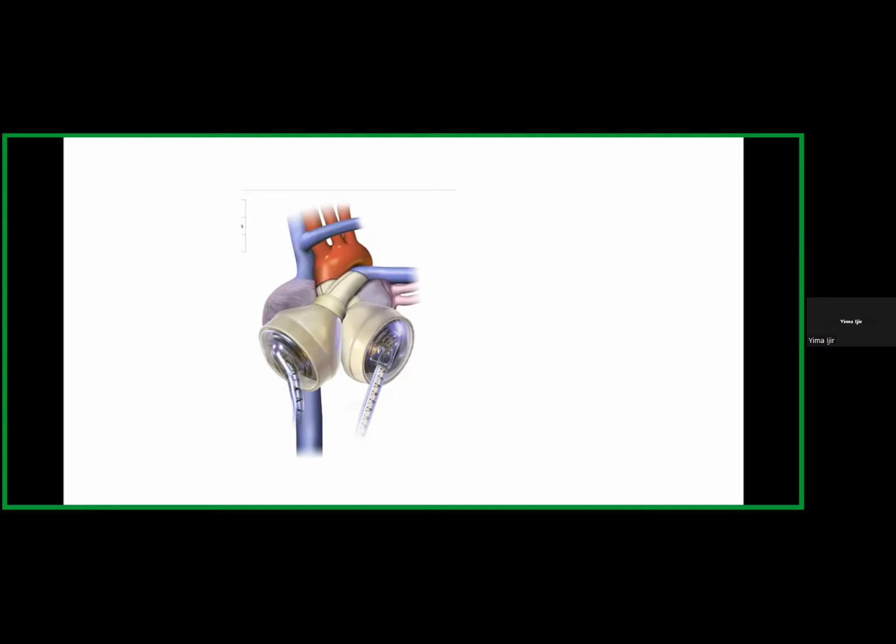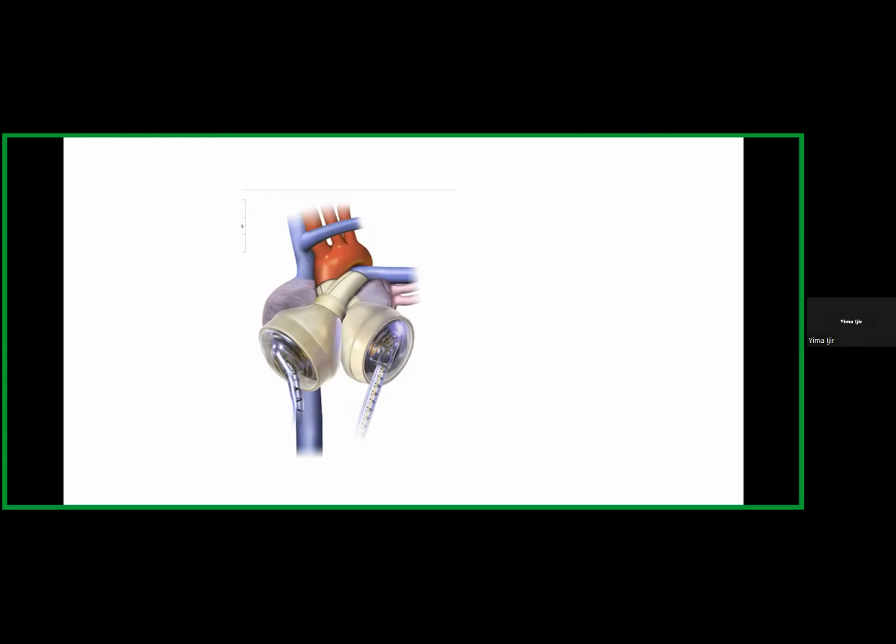Then other complications, I don't know if you mentioned pump thrombosis, and then driveline infection, and sometimes also aortic insufficiency. And then the issue of, just like you said, somebody asked what kind of device an Impella is.